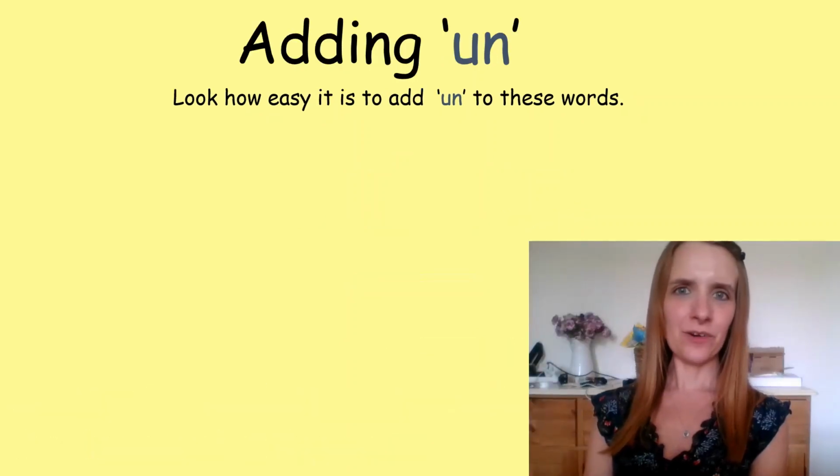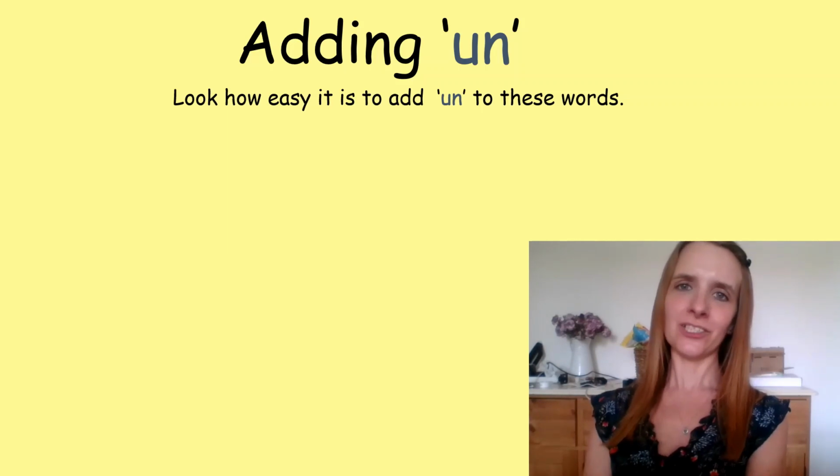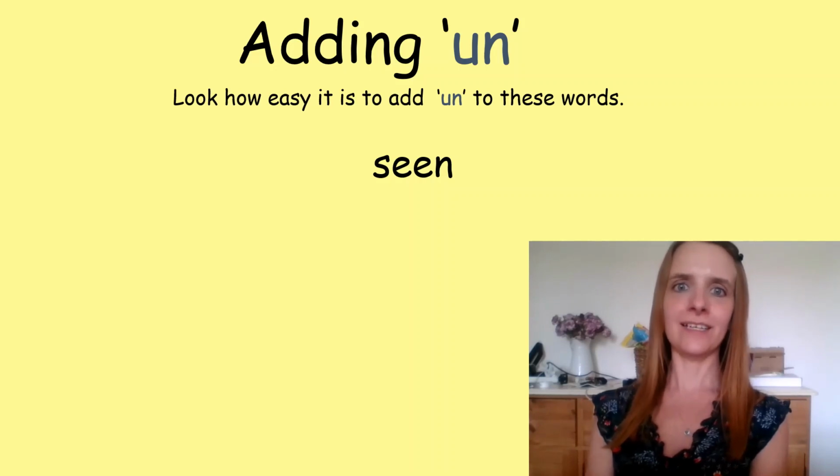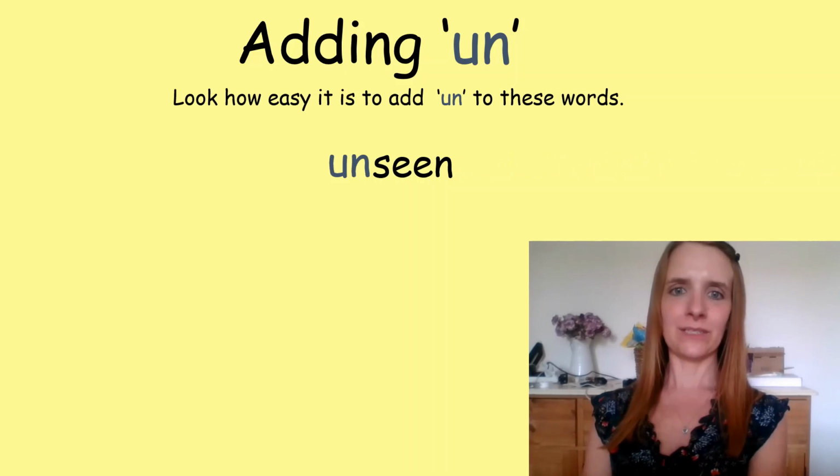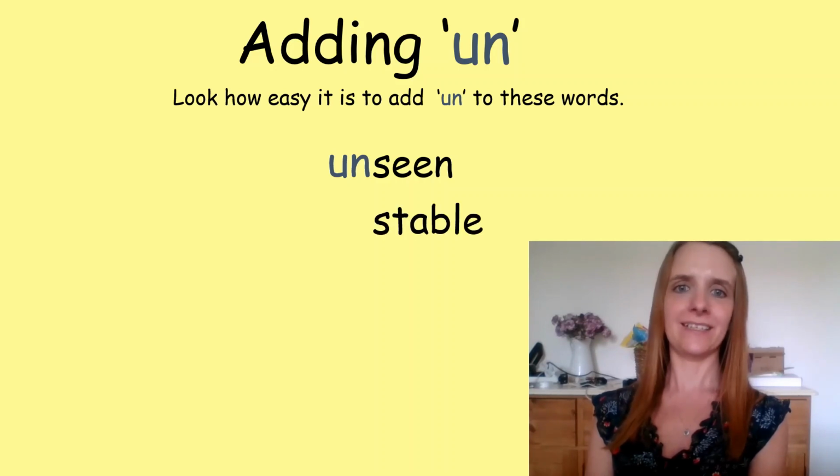Okay, so adding the prefix un to the start of words is incredibly easy. It's easy peasy lemon squeezy, and I'm going to show you just how easy it is. So if I've got the word seen and I want to change it to unseen, all I do is put the letters un at the start. So seen has become unseen.